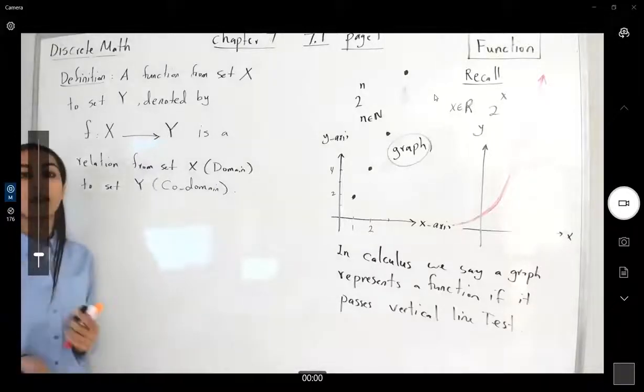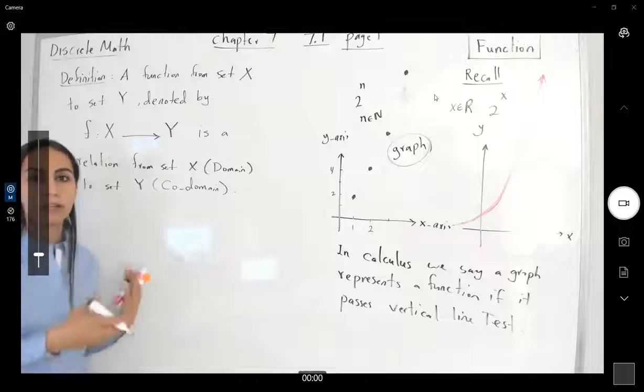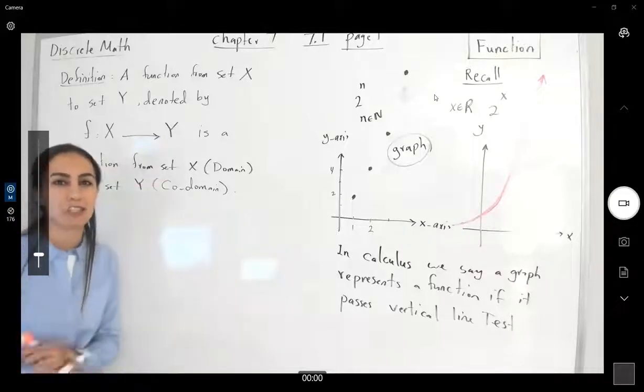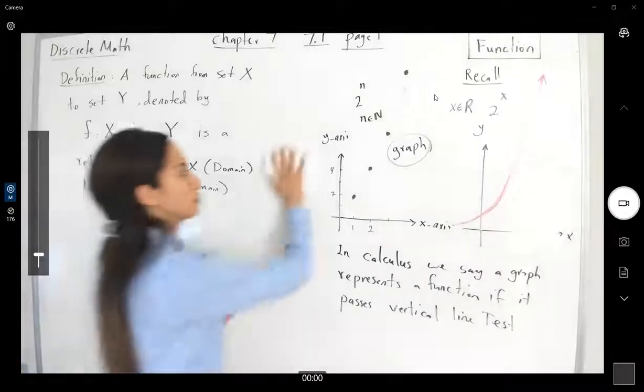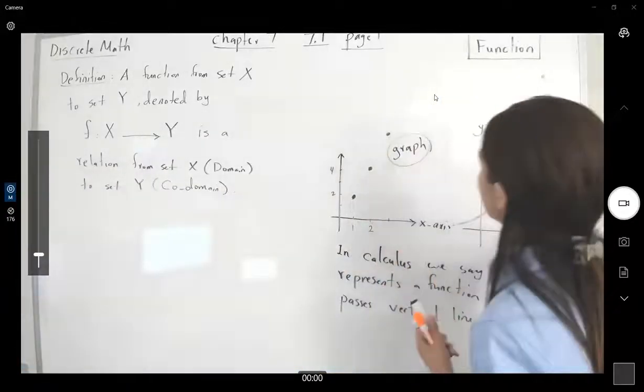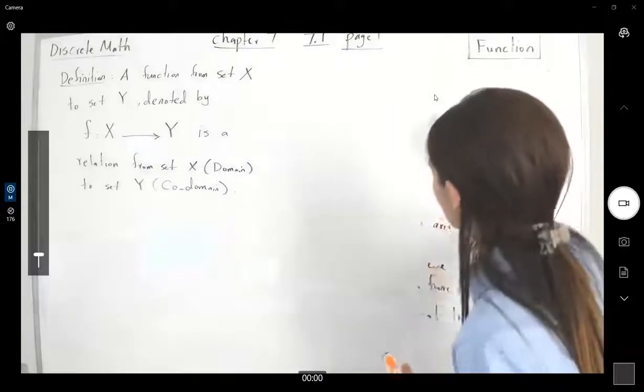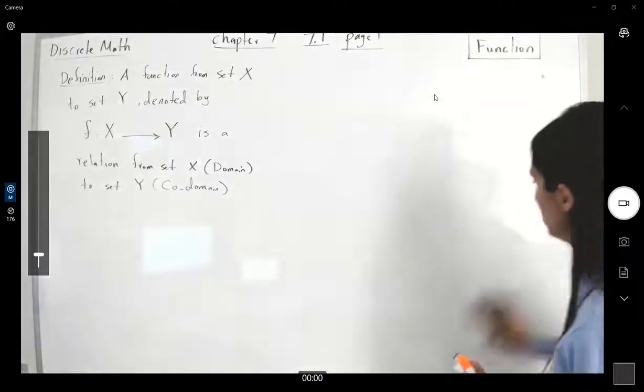So do we have any condition, or is this just a subset of the Cartesian product? So far we mentioned that. What are we saying? We're saying that we have a relation. What's the meaning of that?